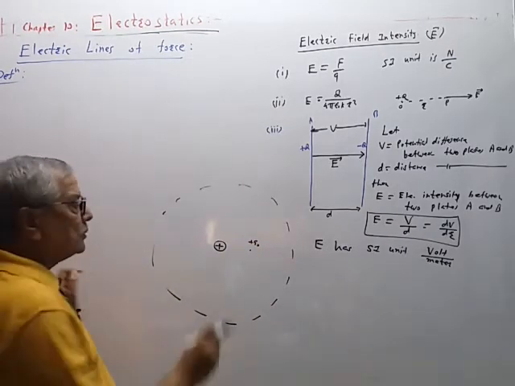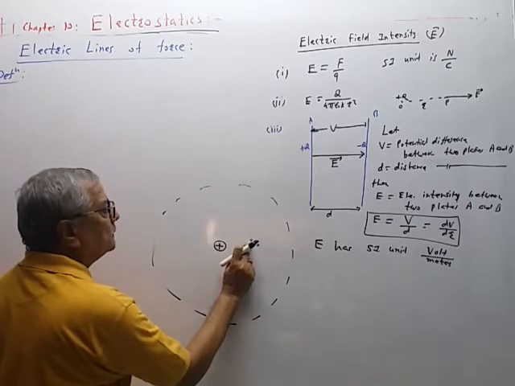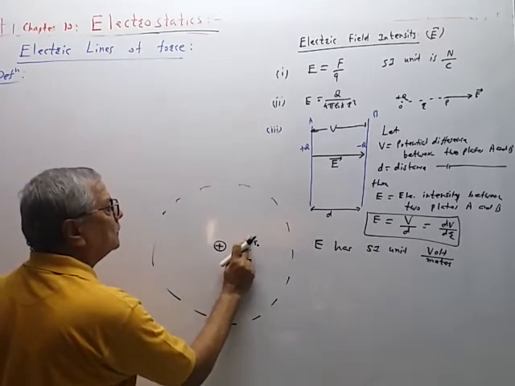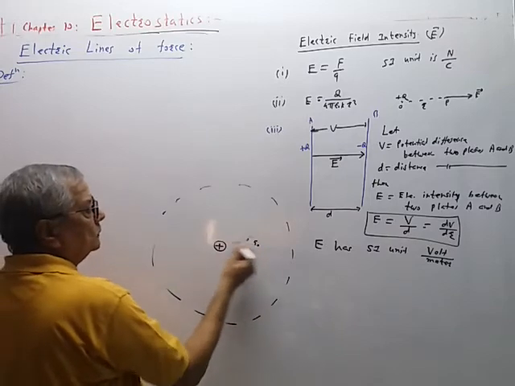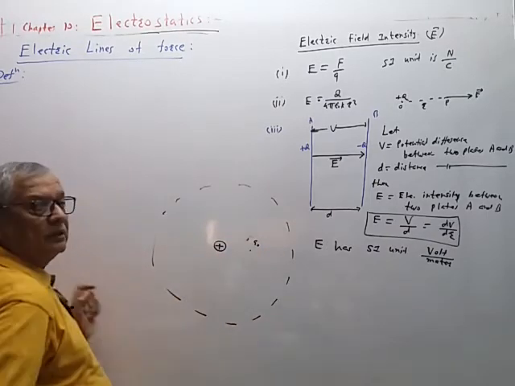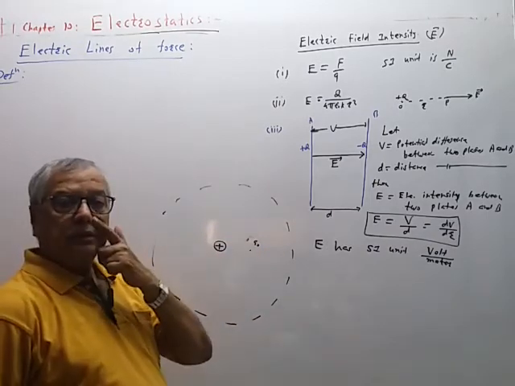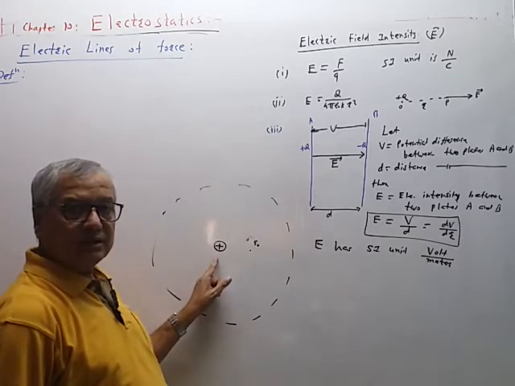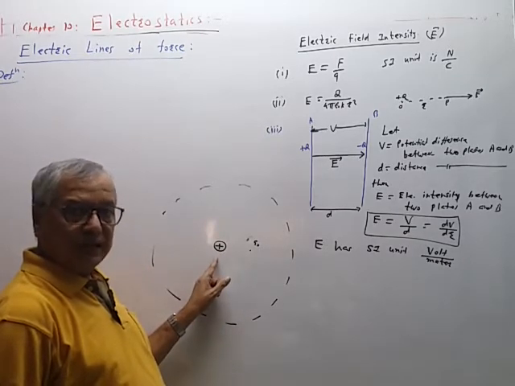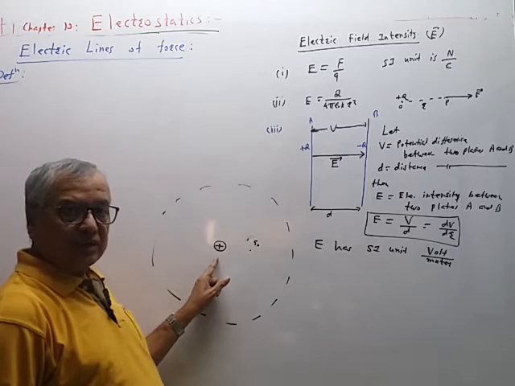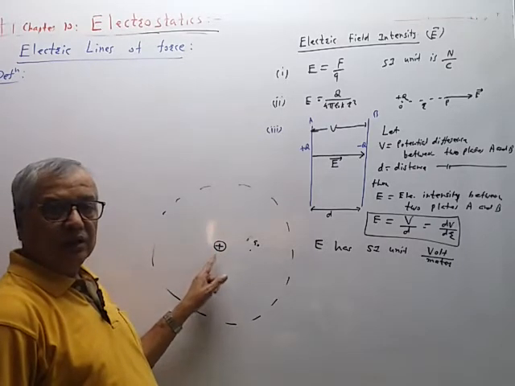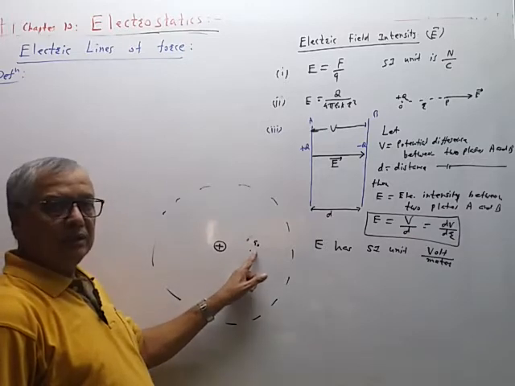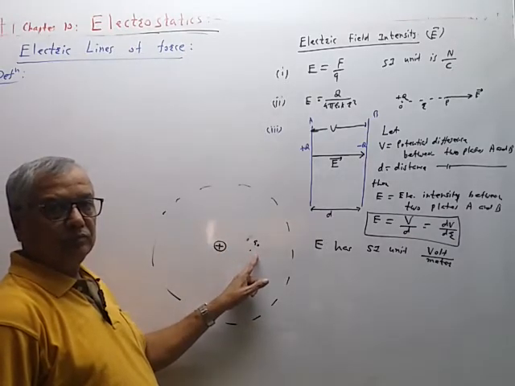Test charge is always positive, so sign is not important. So, between positive charges, there is a force of repulsion. This is stationary charge, static charge, fixed charge at rest, and therefore it is shown by circle. It is not movable. This is movable. This is free to move.